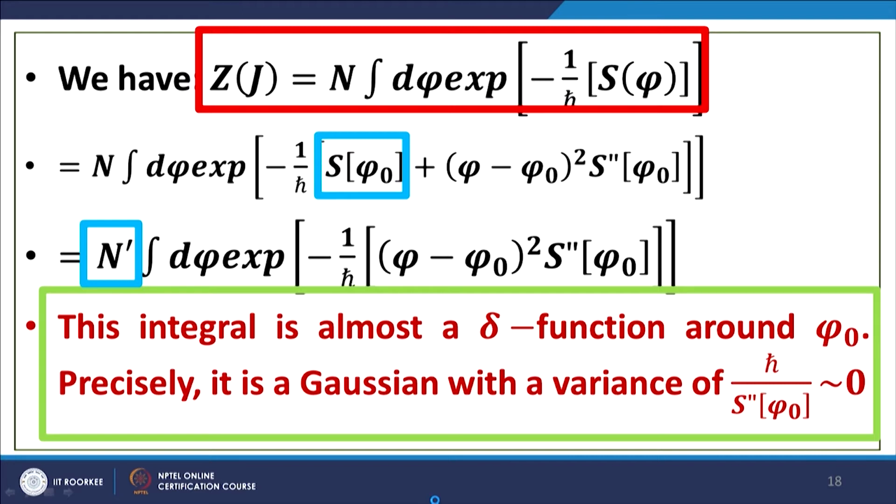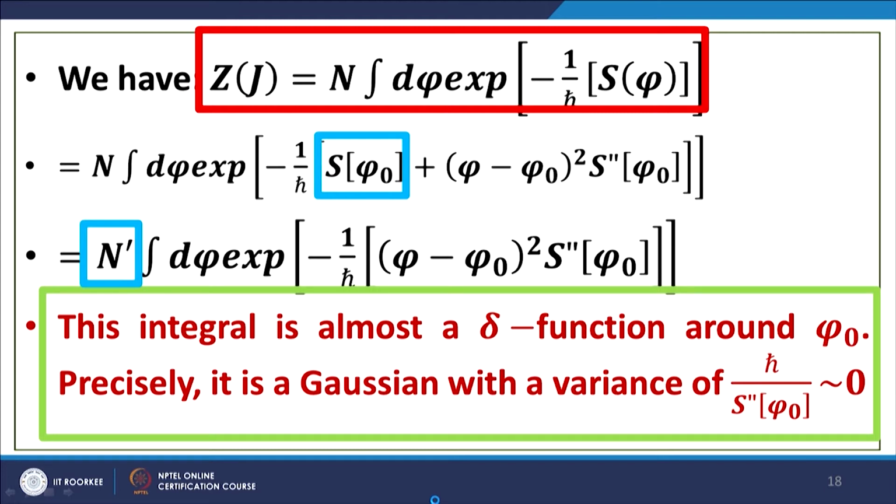We have a new normalization N dash, and what remains inside is given here: the exponent is minus 1 by h bar times phi minus phi 0 whole square times S double dash phi 0. Of course, we are ignoring higher derivatives of S at phi 0.